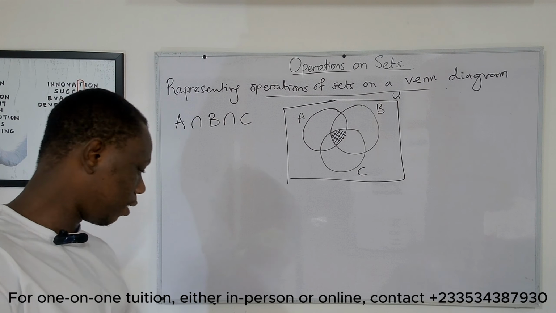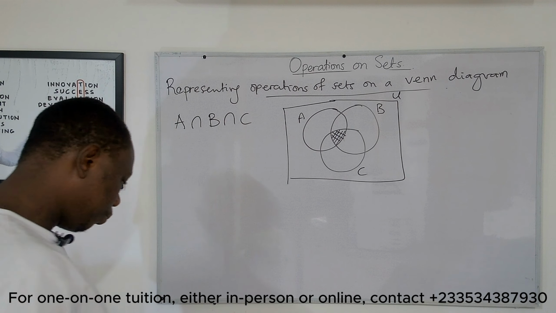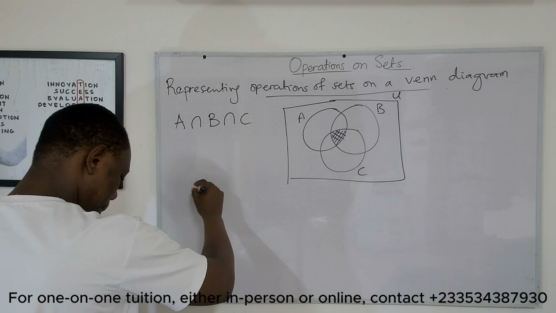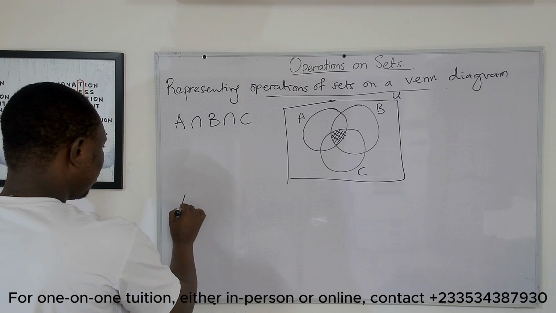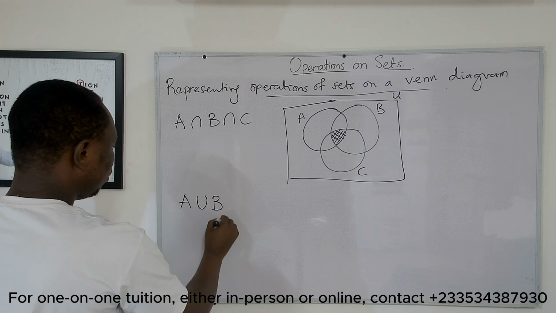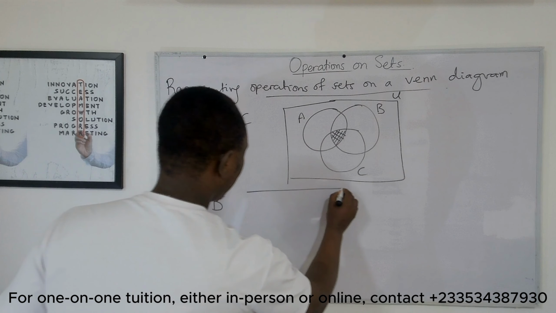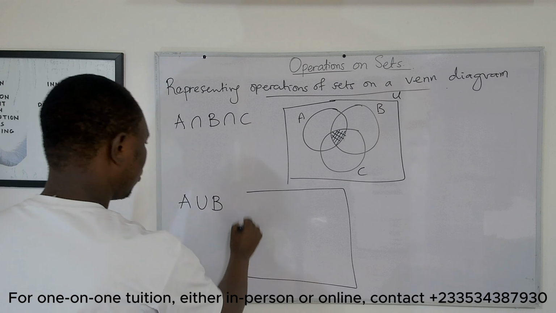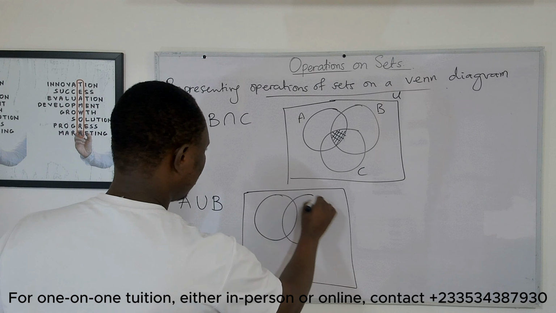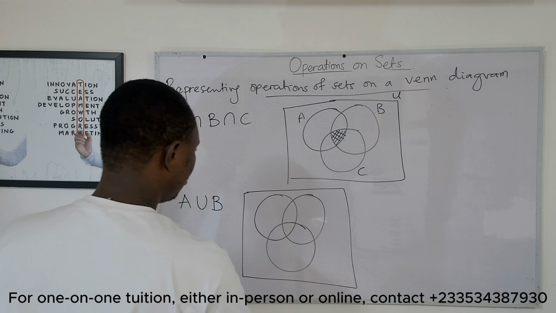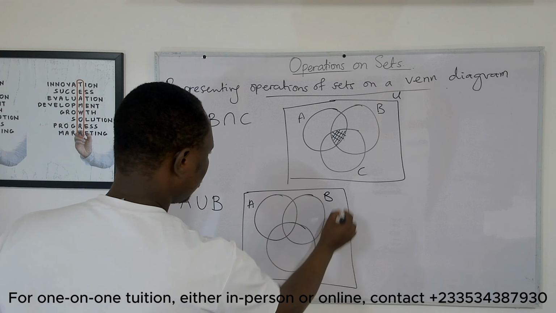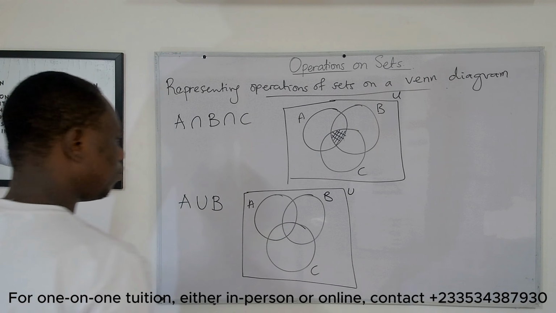Alright, now next one, let's go to A union B. Within the same 3-set problem, this time we are just looking at A union B. So A, B, C with this as the universal set.